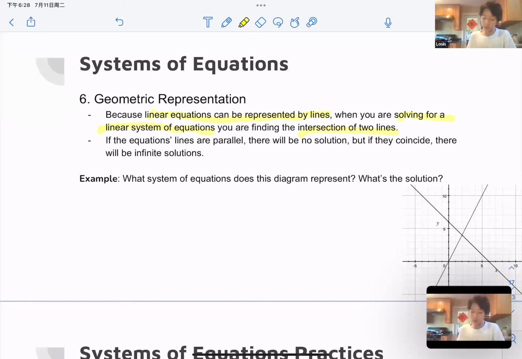If the lines are parallel, there will be no solution. If they coincide, meaning they are the same, then there are infinite solutions. So I'll give you guys a minute to solve this problem.